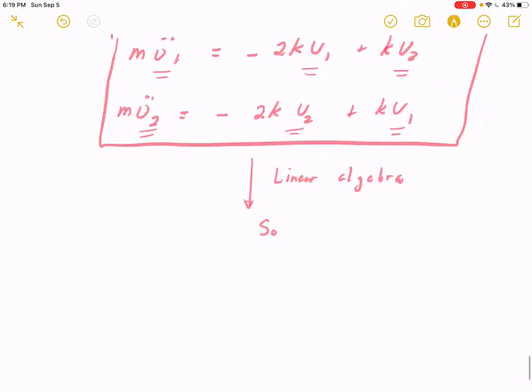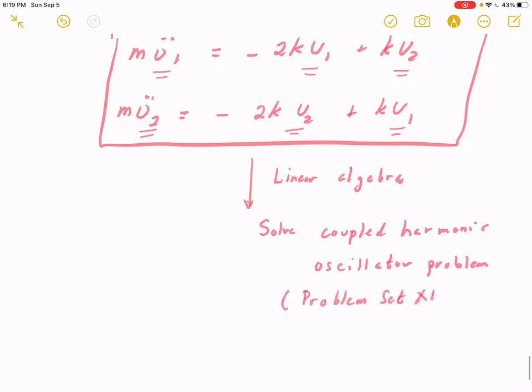You can solve this problem exactly, solve the coupled harmonic oscillator problem. And you can see physically what's going on. And I'll leave that to you as an exercise in problem set 11. I've given you some details, guideposts, but I'll leave that to you to do.